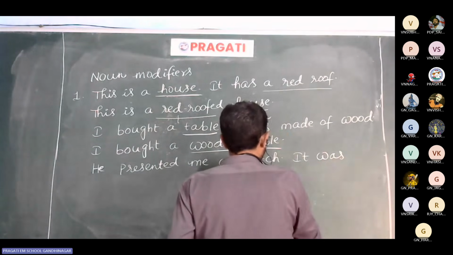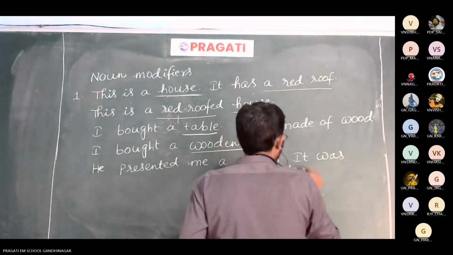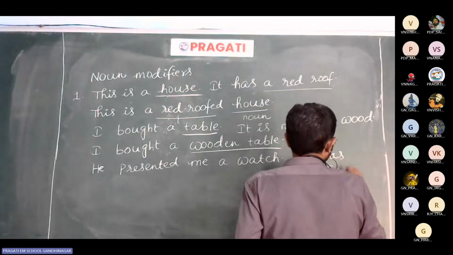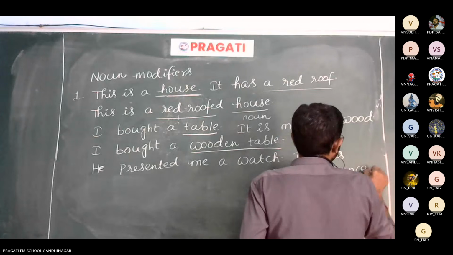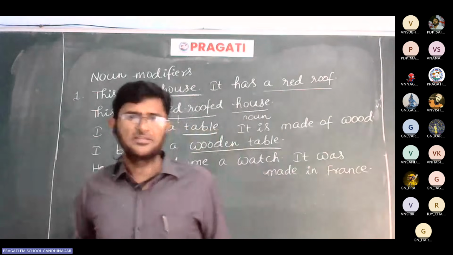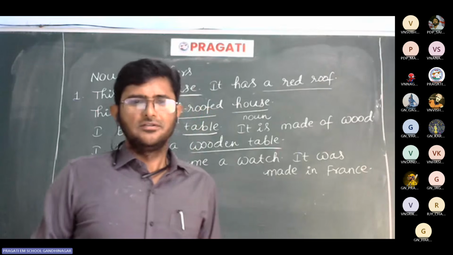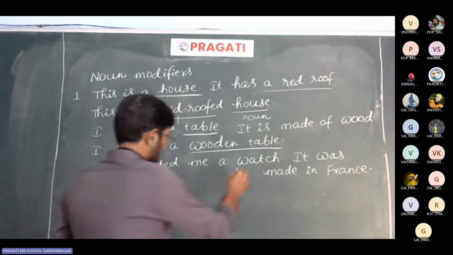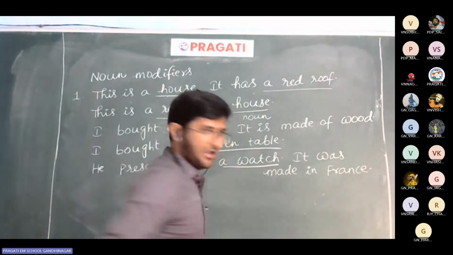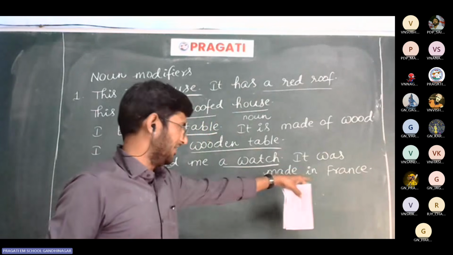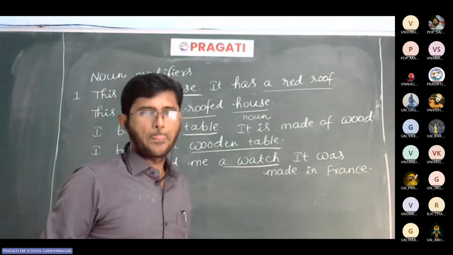It was made in France. He presented me a watch. It was made in France. So what is the noun here? The watch is the noun and it should be modified using the second sentence, made in France.